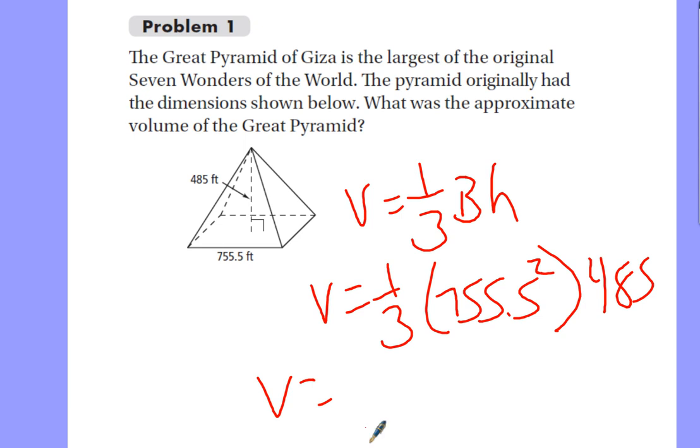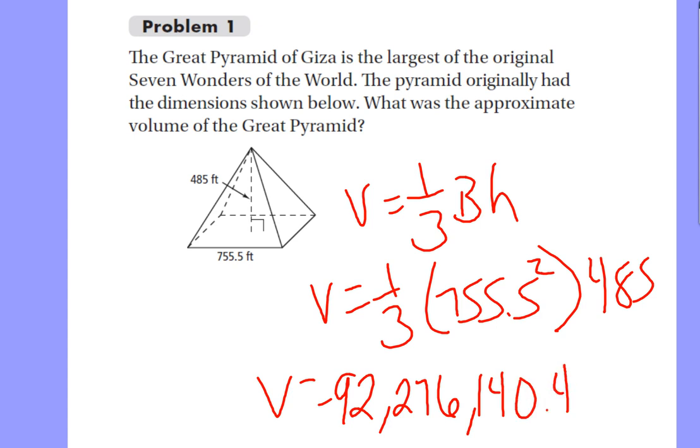Just to give you an idea of where we are, we're at 276,828,421 divided by 3, which gives us 92,276,140.4 feet cubed for the volume of the Great Pyramid here.